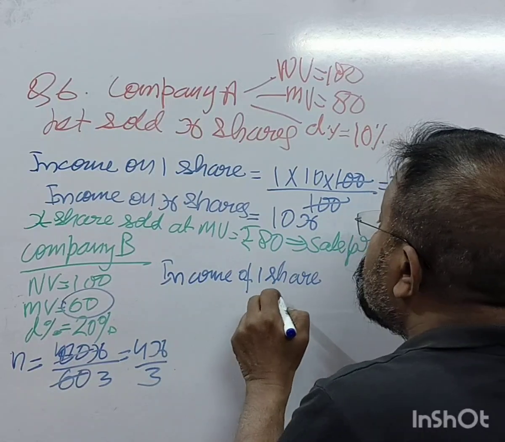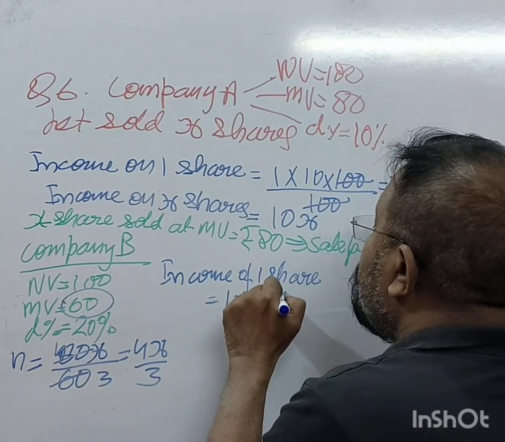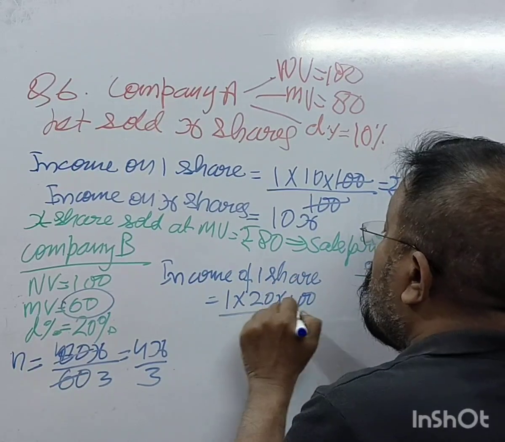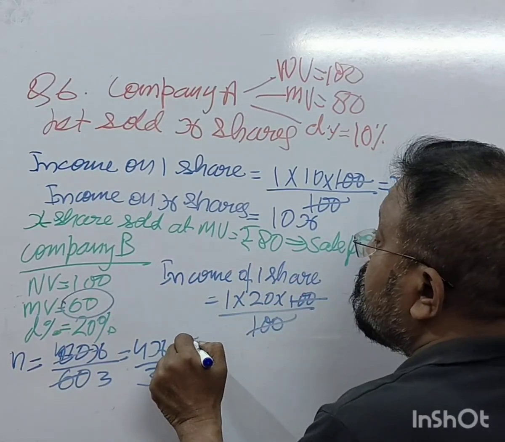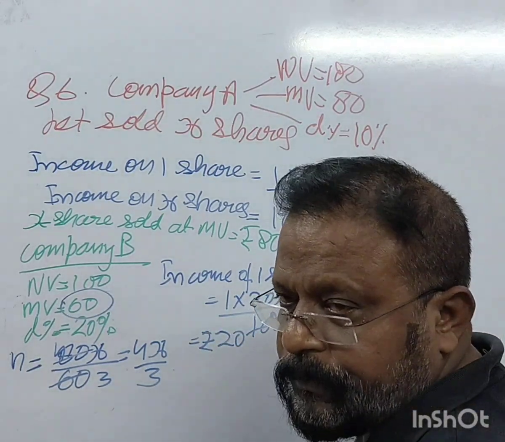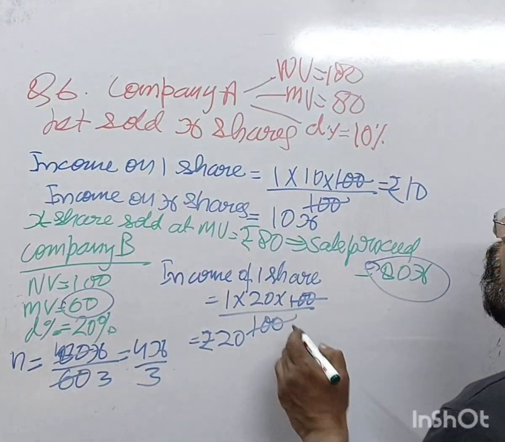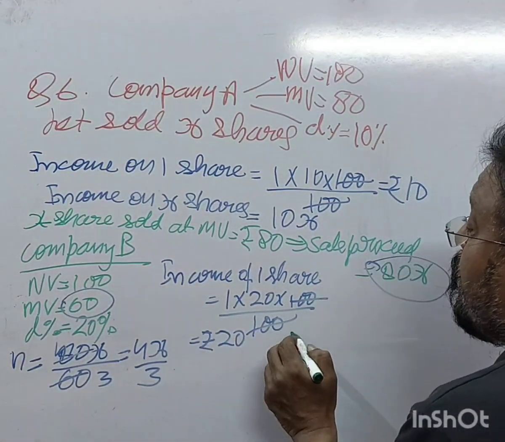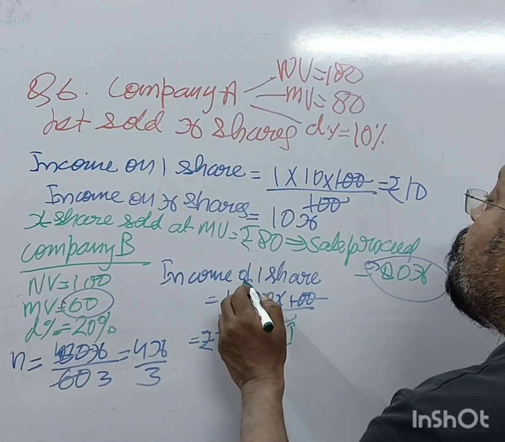Now income of one share is equal to 1 into 20 into 100 upon 100. So it becomes rupees 20, right? So income of one share is this.